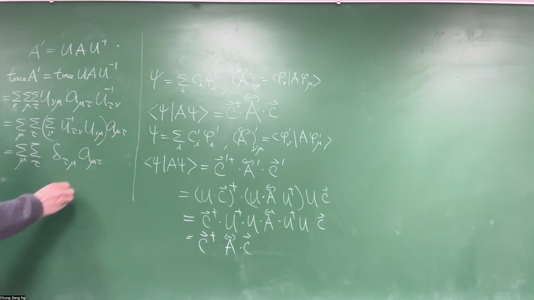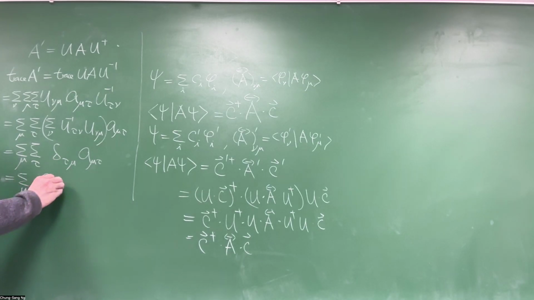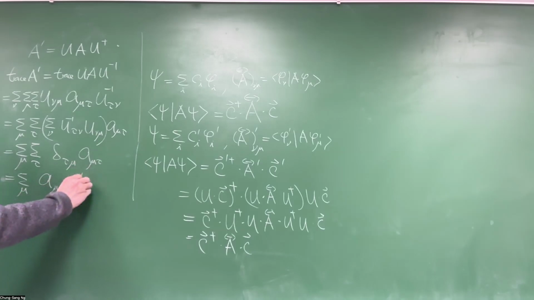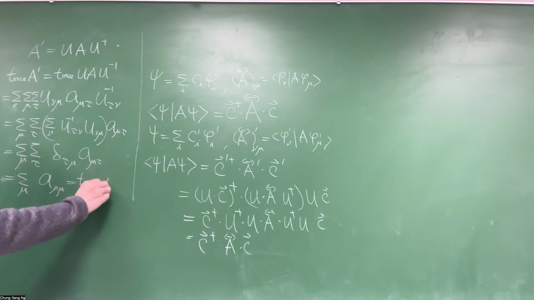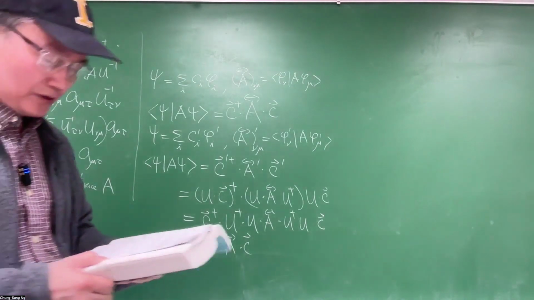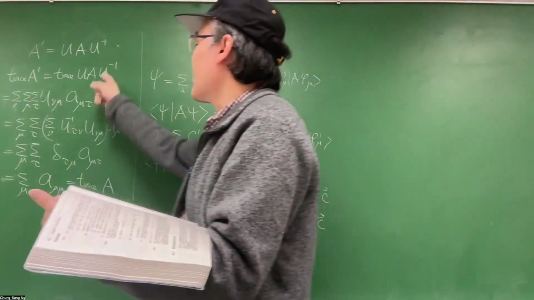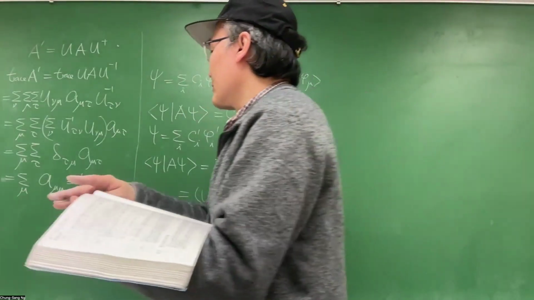And you can sum over one of them, sum over tau and sum over mu, and A tau mu. So this is the trace of A. That's just straightforward to show that the trace is invariant upon this unitary transformation.